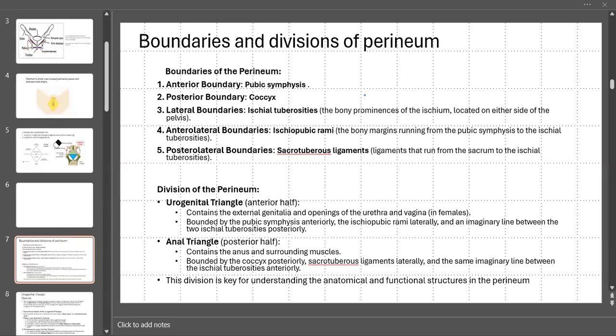Are these boundaries similar to the pelvic inlet boundaries or the pelvic outlet boundaries? Exactly, Sophia, Alishba, very good. These are similar to the pelvic outlet boundaries. So if you have learned the pelvic outlet boundaries, you have automatically learned the boundaries of the perineum also. Okay, very good. And the division you have done is given here, anterior half, posterior half, and that's all. We will not repeat this point, and we will go to the next slide.